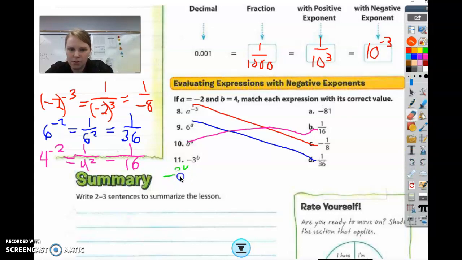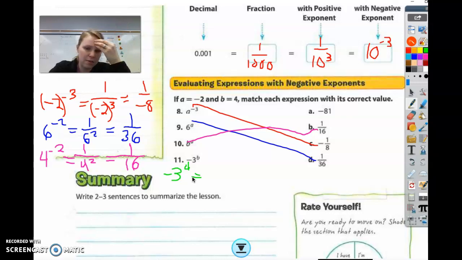How about we start over? Okay. Negative 3 to the 4th power. So, to the positive 4th power. Since the exponent is not negative, we can't flip it.